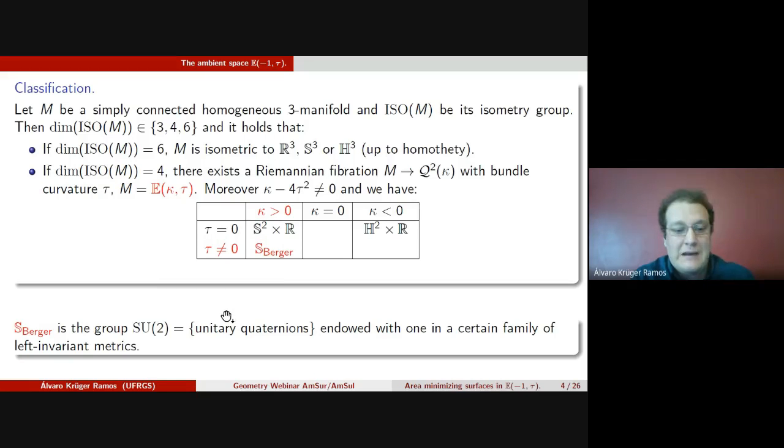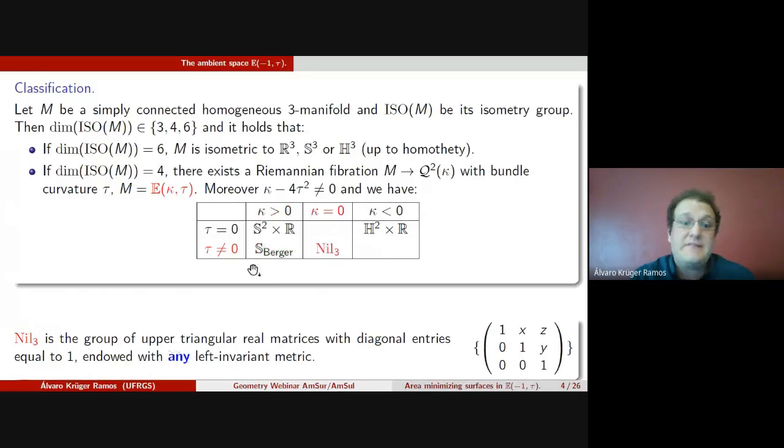What I want you to keep in mind is that the Berger spheres are SU2 with some, but not all, left invariant metrics.